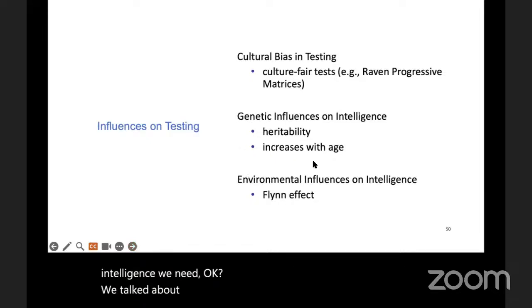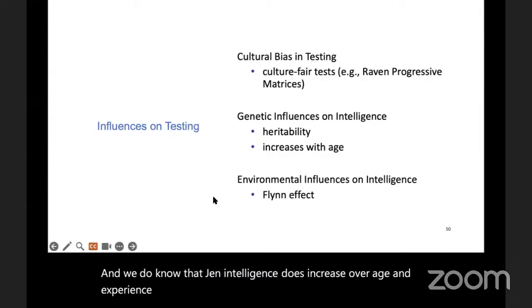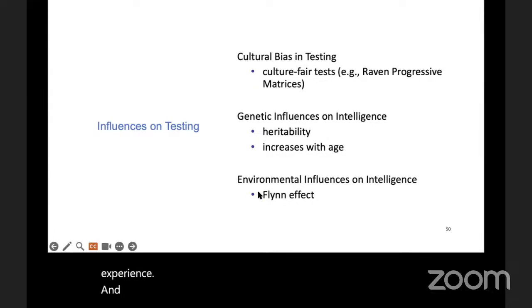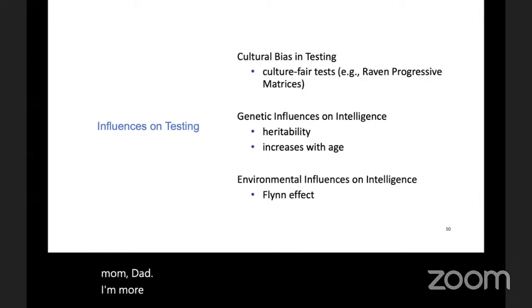We talked about heritability, and we do know that intelligence does increase over age and experience. And the last thing is the Flynn effect. Believe it or not, you can go home and tell your parents this: Mom, Dad, I'm more intelligent than Einstein.